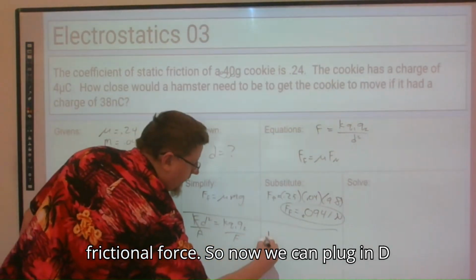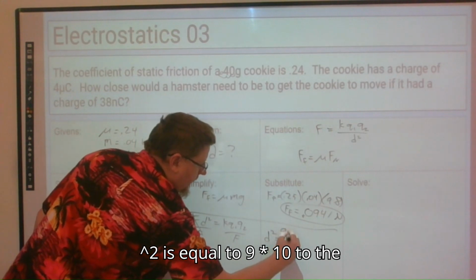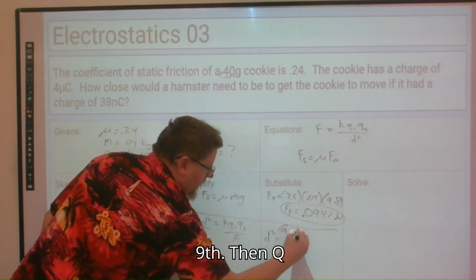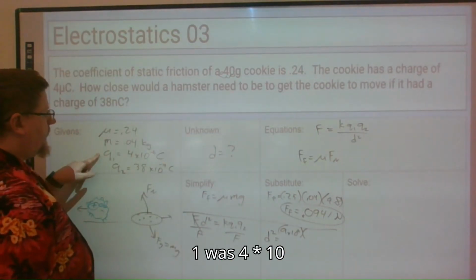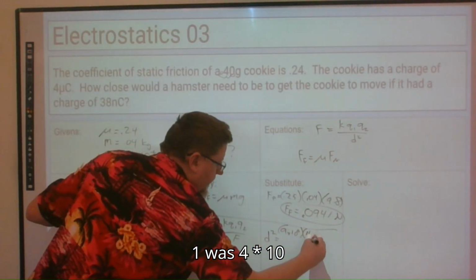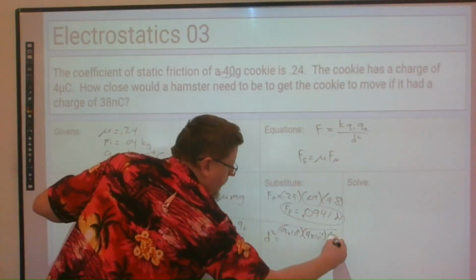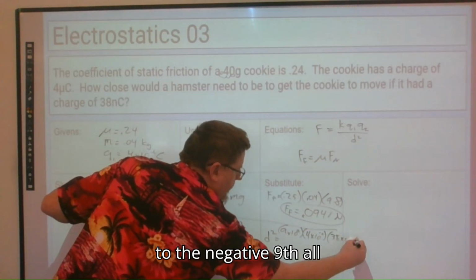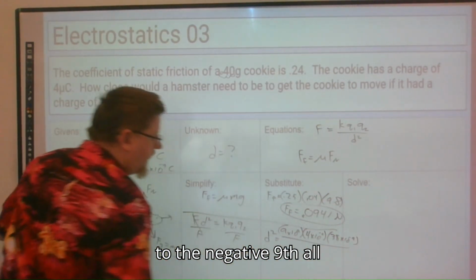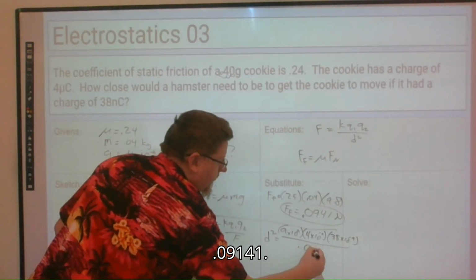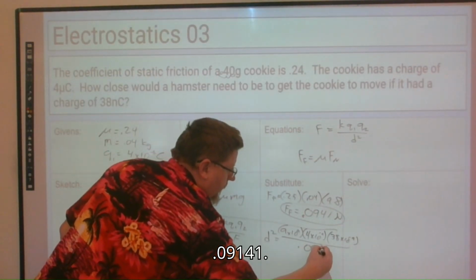So now we can plug in: D squared is equal to 9 times 10 to the 9th, then Q1 was 4 times 10 to the negative 6, Q2, 38 times 10 to the negative 9th, all over 0.0941.